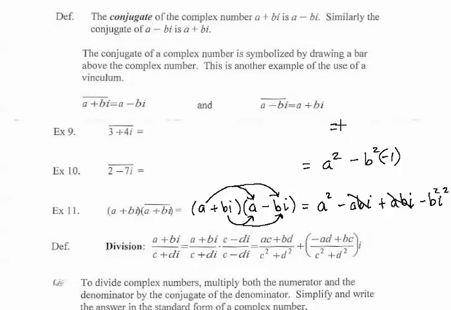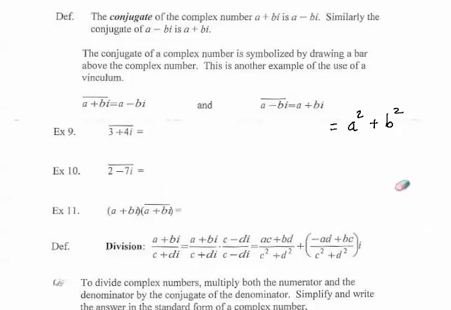So going even further, we still have the a squared, and then this minus changes the sign of the b squared and it becomes a plus b squared. And the reason why we work this out in terms of variables is because it doesn't matter what numbers a and b are. Let me give you some numbers here so that this makes sense.